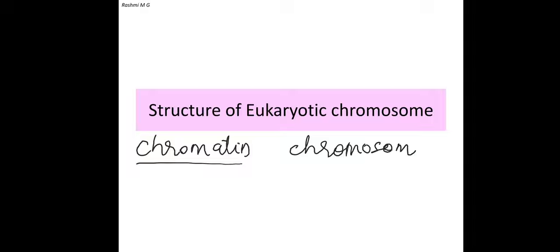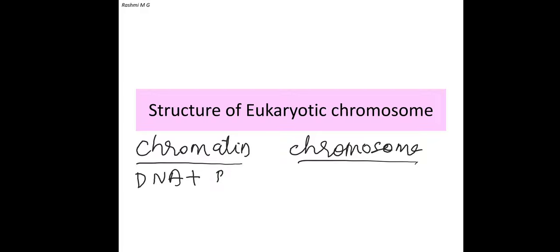So I'll write it in this way: chromatin, chromosome. Chromatin is an organized structure and it is made up of DNA plus protein. Where are these found?